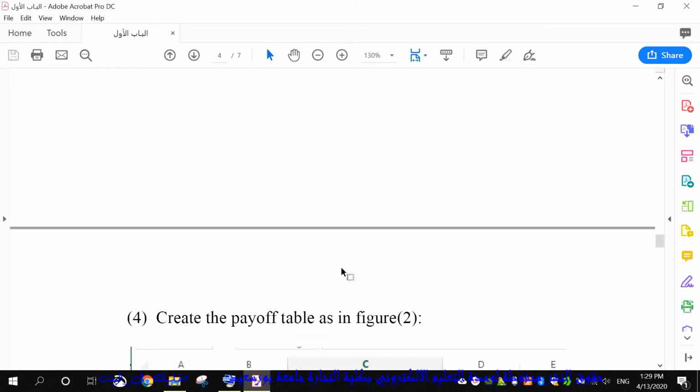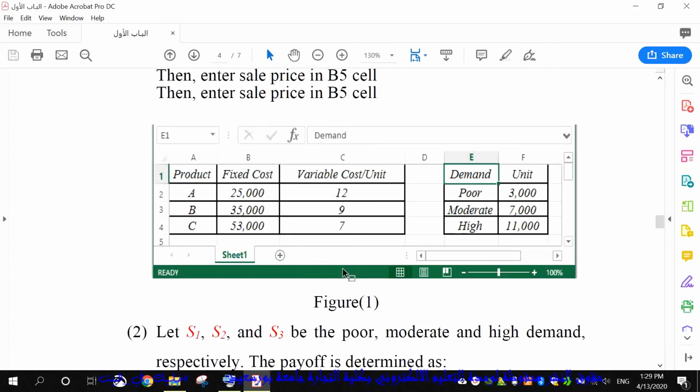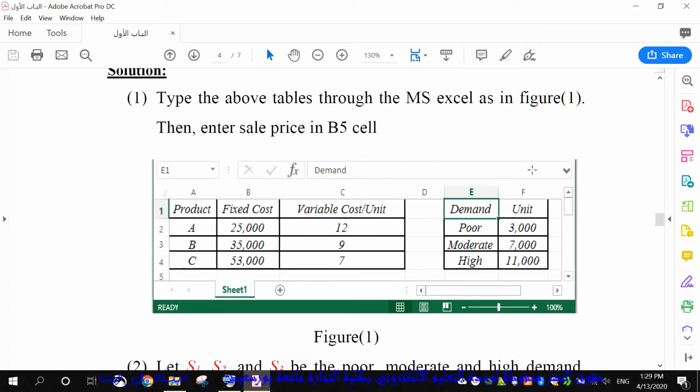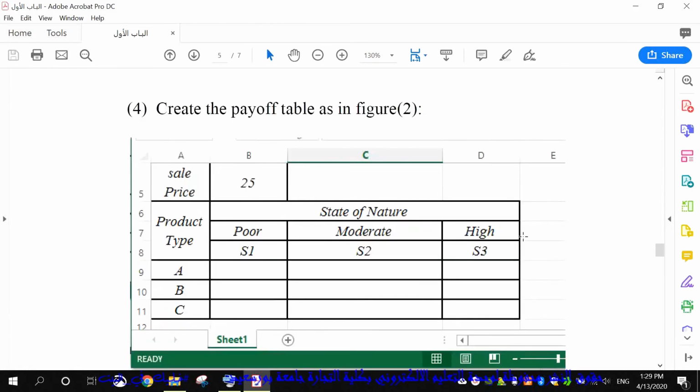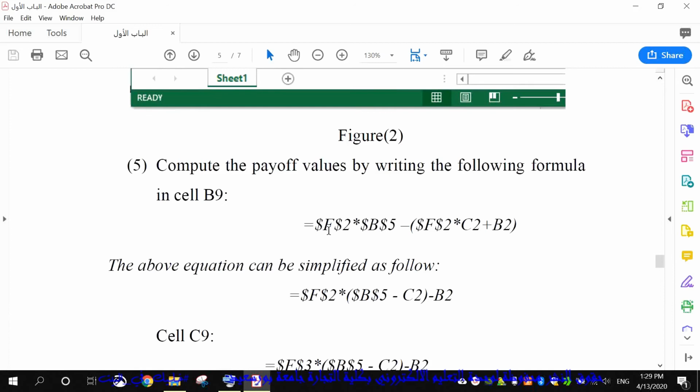If we go back to figure 1, you will see in case of poor, the product A units is equal to 3,000 units, written in cell F2. So the revenue will equal F2 multiplied by the sales price per unit written in B5, minus the cost.